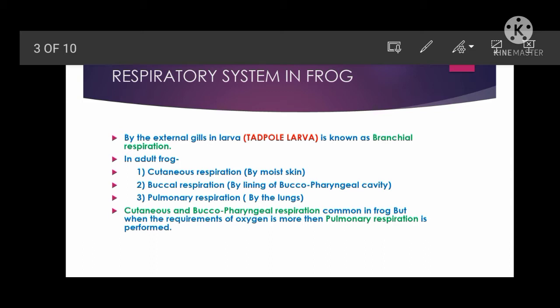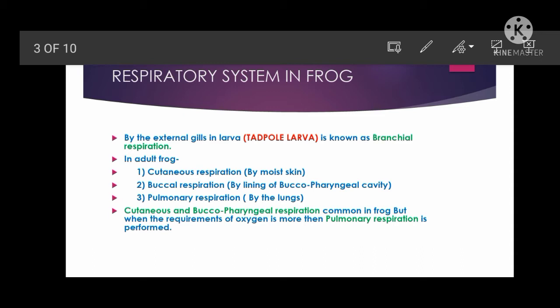The cutaneous and buccopharyngeal respiration is common in frogs, but when the requirement of oxygen is more, then pulmonary respiration is performed. Means respiration by the moist skin and by the lining of the buccopharyngeal cavity is the most common in amphibians, in the frog.